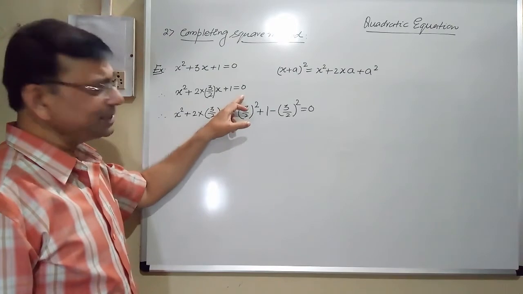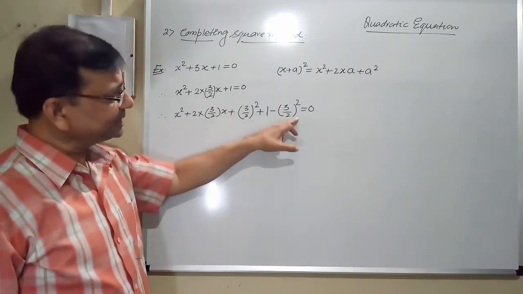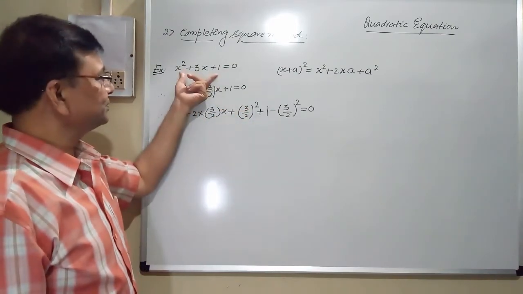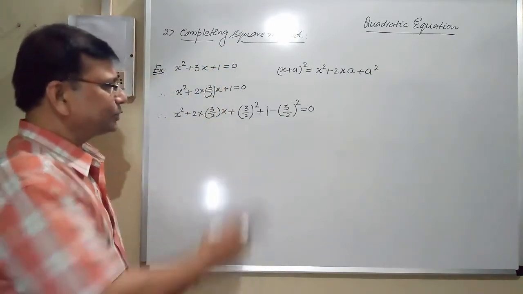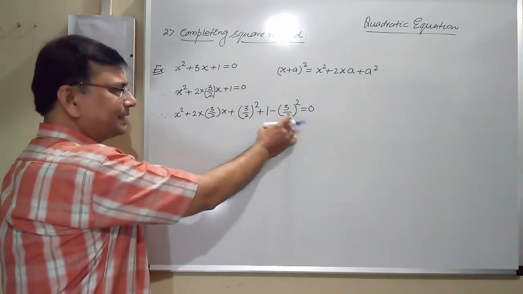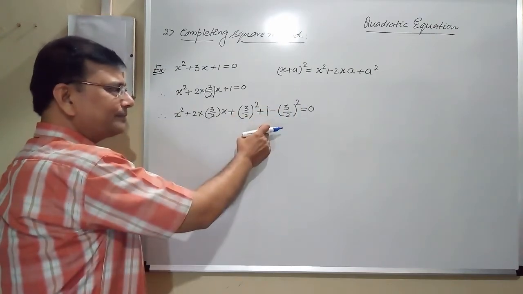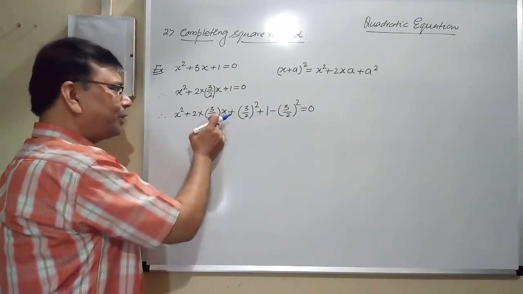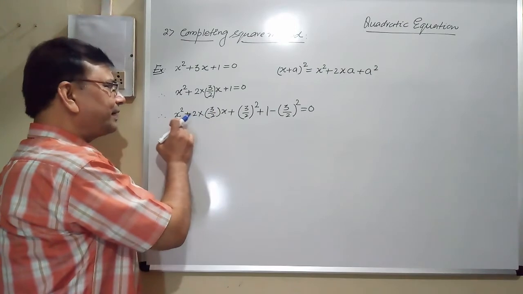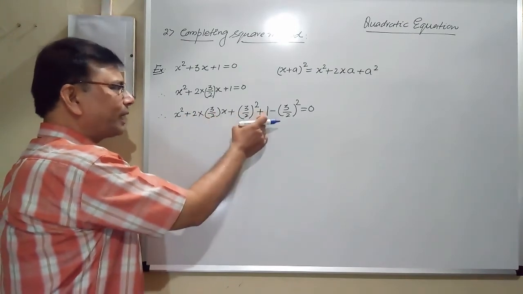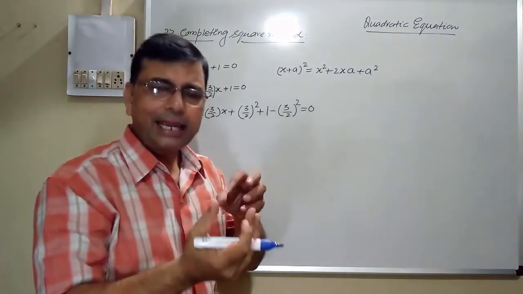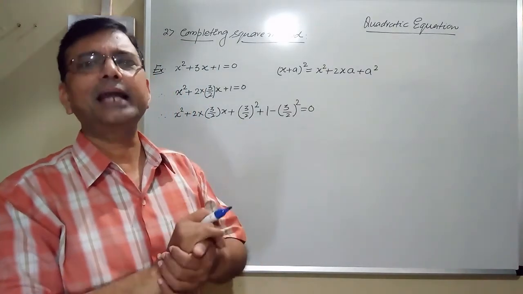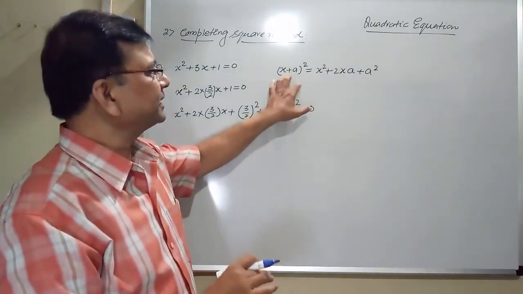Since we have added a square, that much will have to be subtracted also, otherwise the expression will get changed. This LHS will get changed. So that is why I subtracted. See, this and this will be cancelled out, isn't it? And 2 and 2 will be cancelled out. We will get x square plus 3x plus 1. Same thing. So we are just reshuffling and an adjustment is being done to make a perfect square.